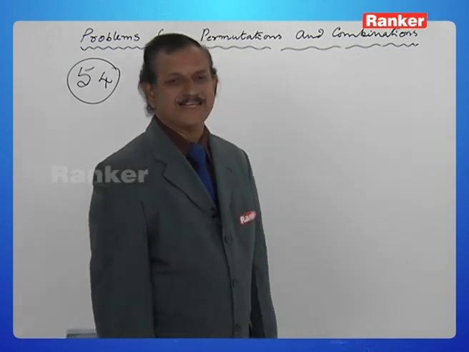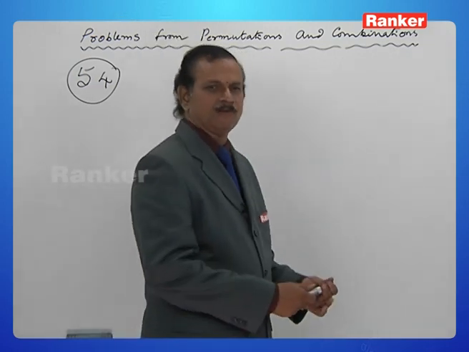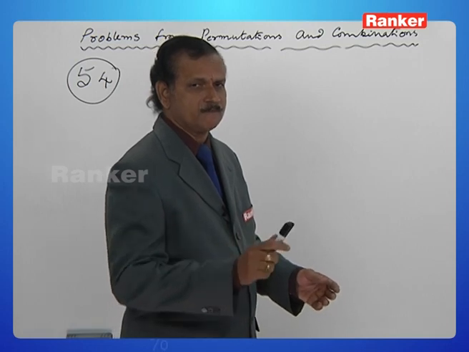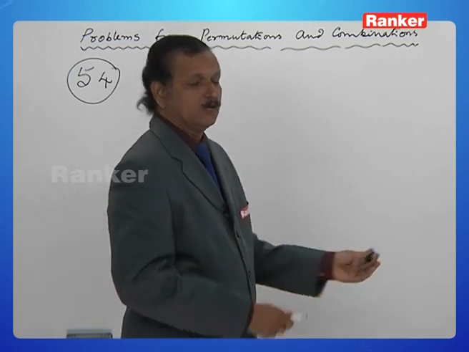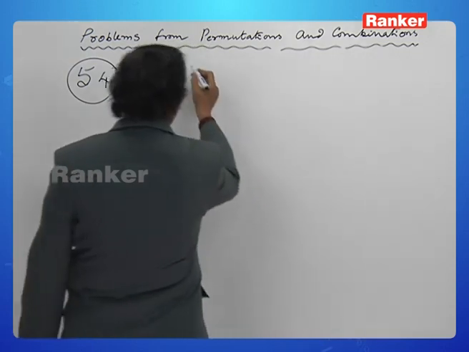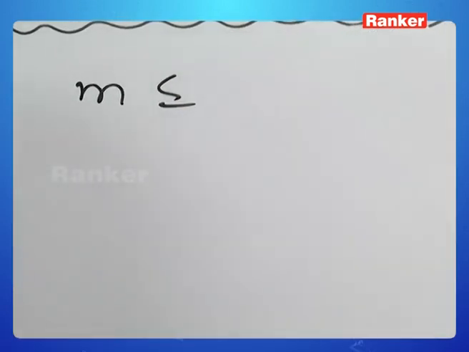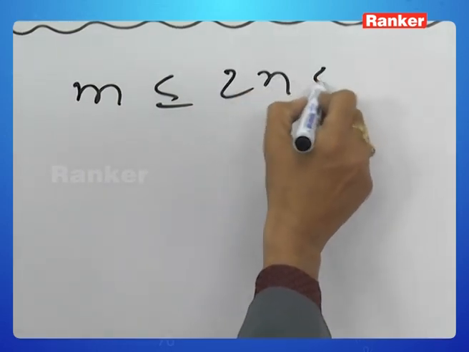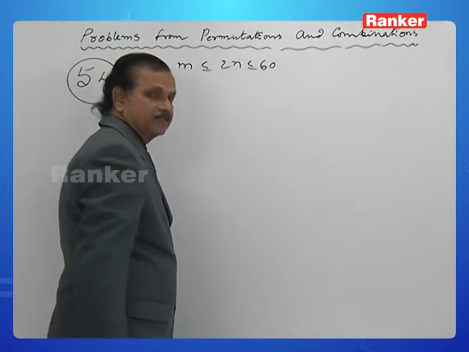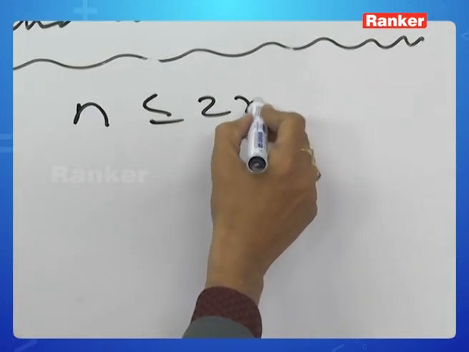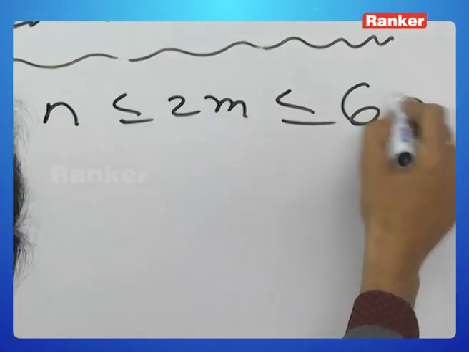By the way, what are all the conditions imposed on the nature of m and n? m belongs to the set of natural numbers, n belongs to the set of natural numbers, with the condition m less than or equal to 2n less than or equal to 60. What is the other condition? n less than or equal to 2m less than or equal to 60.